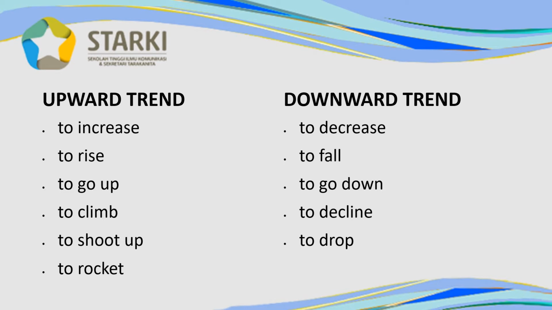For the upward trend, you can use increase, rise, go up, and so on. The opposite is the downward trend. You can use decrease, fall, go down, decline, and drop.